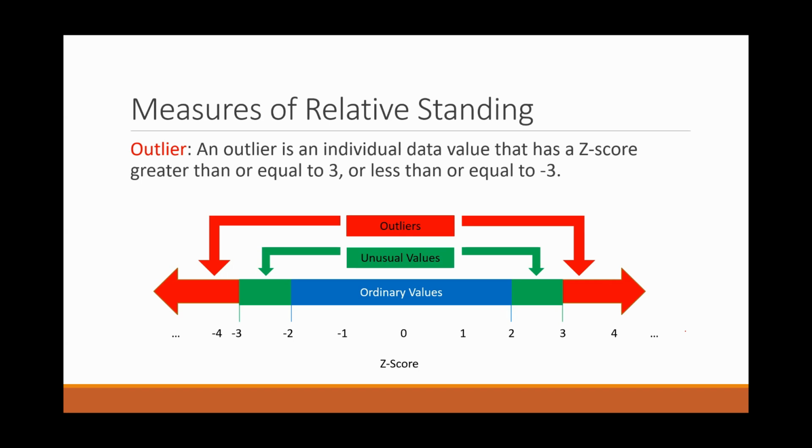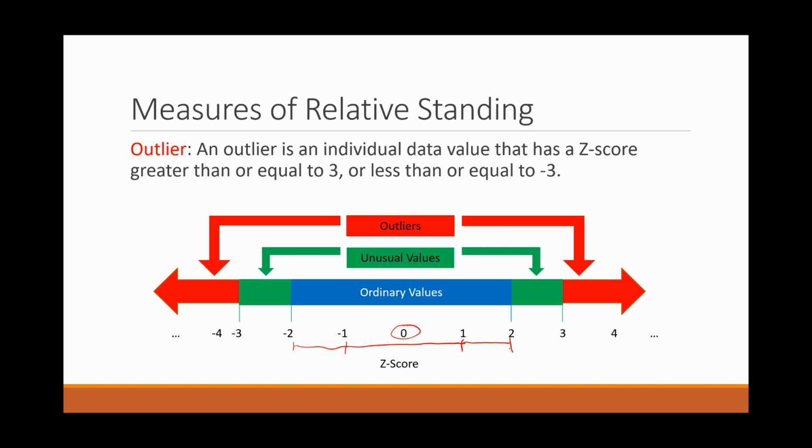Now, if a particular value has a z-score that's around 0, or in between -1 and 1, or even pretty close to -2 and 2, we can say it's fairly ordinary.